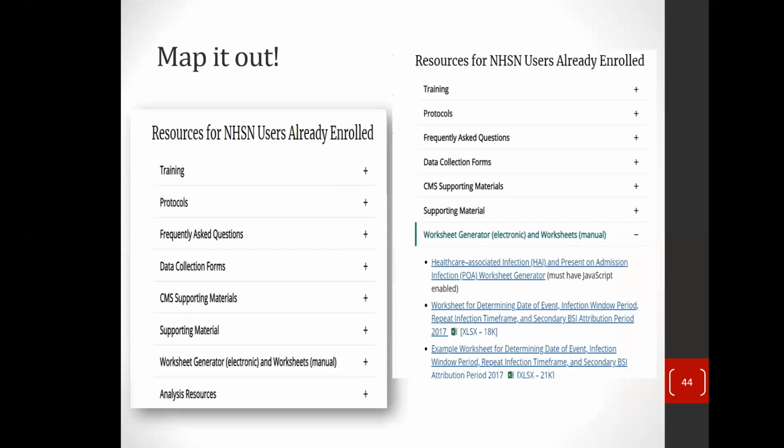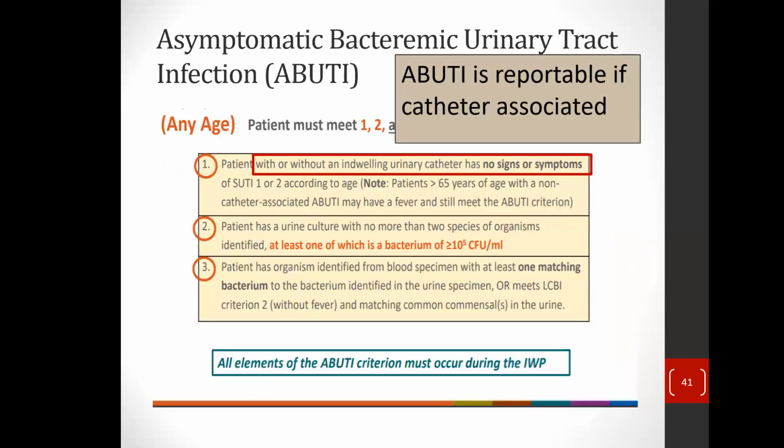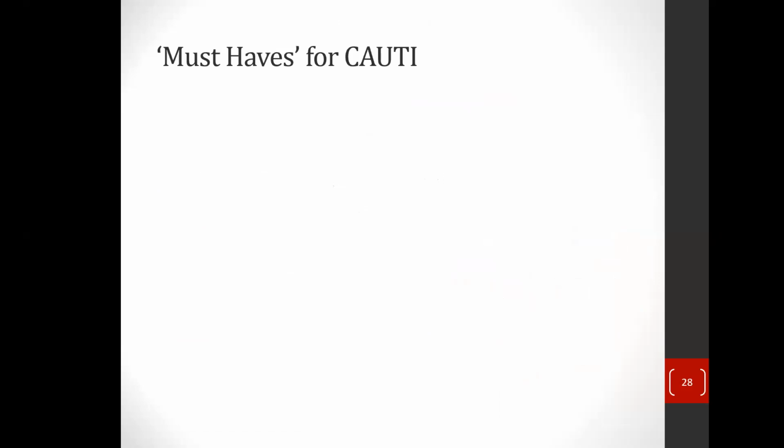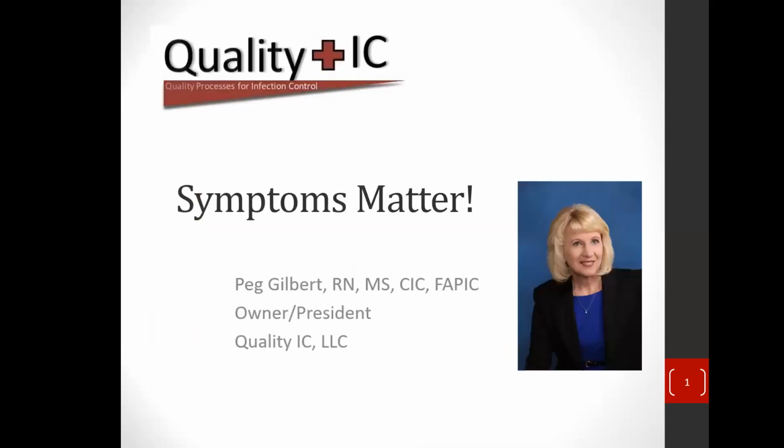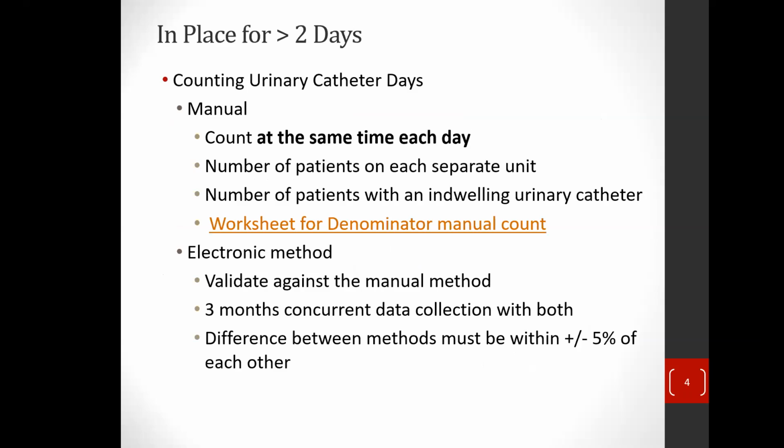Yes, that is correct, because one of the criteria that NHSN has for counting catheter days is that it has to be at the same time every day. That's on slide 4, count at the same time each day, and what you're doing is correct. Great, thank you.